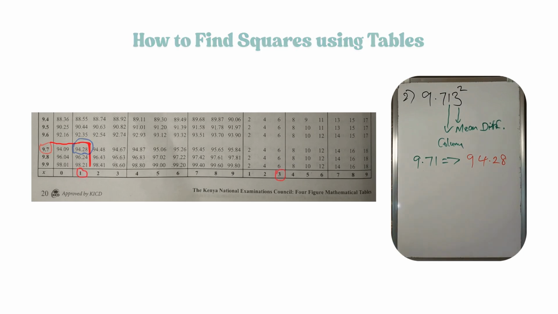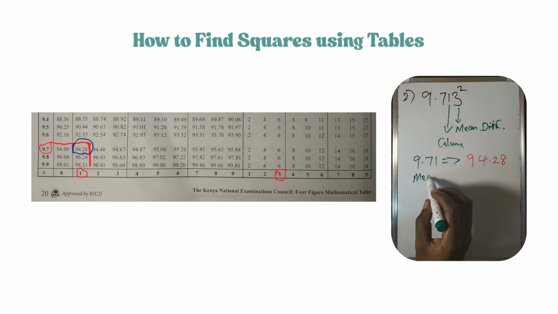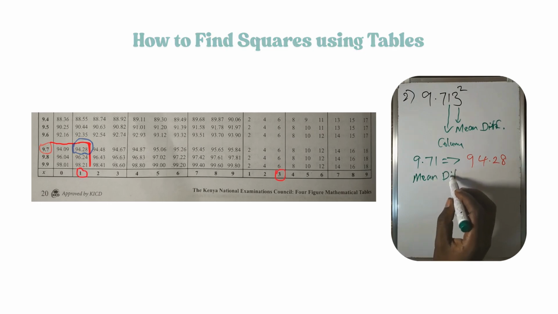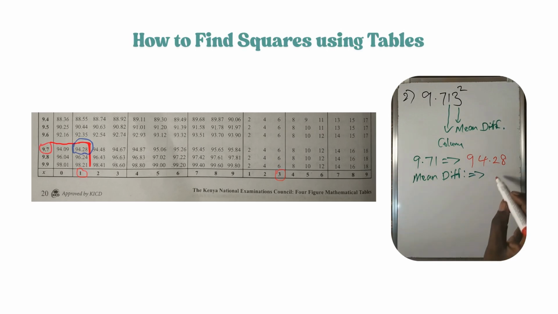Now let's look at the mean difference in the same row, that's row 9.7. Let's move to column 3 and look for the mean difference. The mean difference is 6.